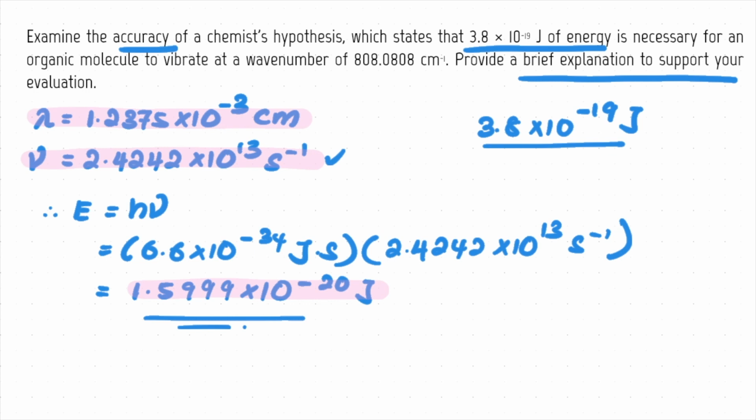So this one is the actual value, this one is the hypothesized value. Therefore, we can say that the hypothesis is inaccurate. Alright, so this is the final answer for the second question.